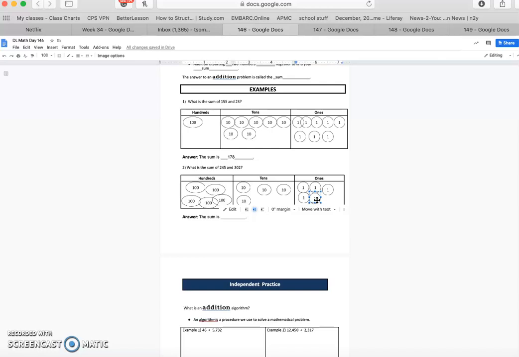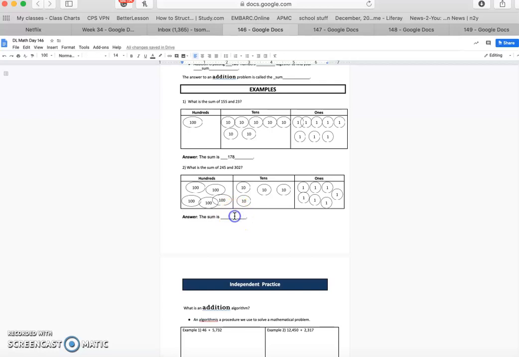So 1, 2. Smooth those around. And when we add them all together, we have 100, 200, 300, 400, 500, 10, 20, 30, 40.